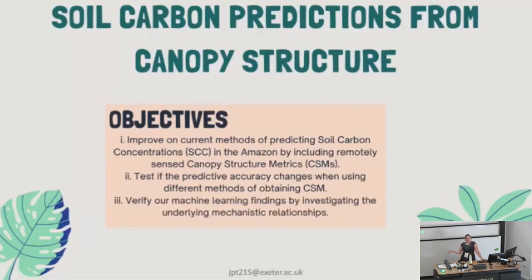And finally, because I'm using a slightly unconventional use of machine learning, I'm also working to verify our machine learning results by using a more traditional statistical approach, generalized linear modeling, to investigate the underlying mechanistic relationships.